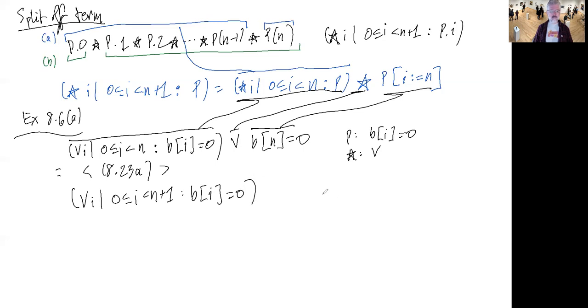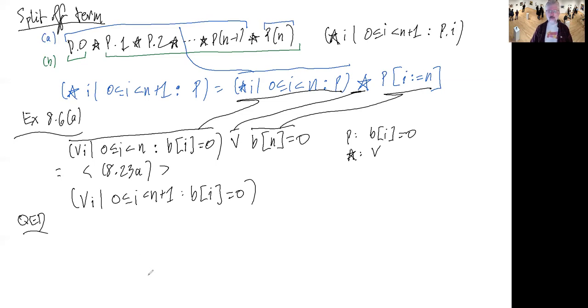And we're done. That's actually the whole proof. QED. These split off term proofs are usually about this simple. Sometimes there can be some range manipulation that you need to do to make things match on either the front end or the back end. But other than that, they're usually about that easy, okay?